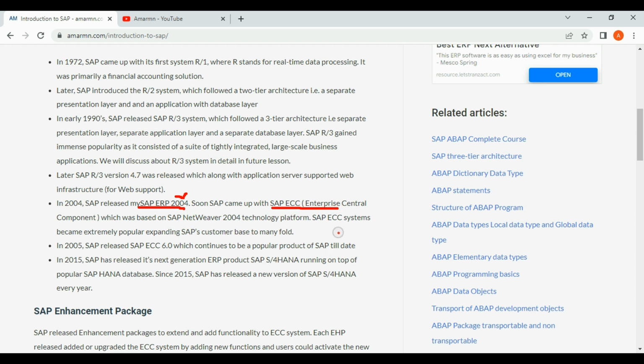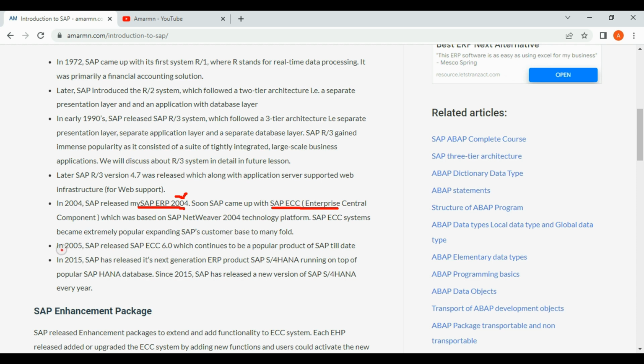Many times you may hear from other SAP consultants that they are working on SAP ECC. So it's kind of a branding, you can say. But the name of the product remained My SAP ERP 2004, and there were other versions of My SAP ERP released over time.